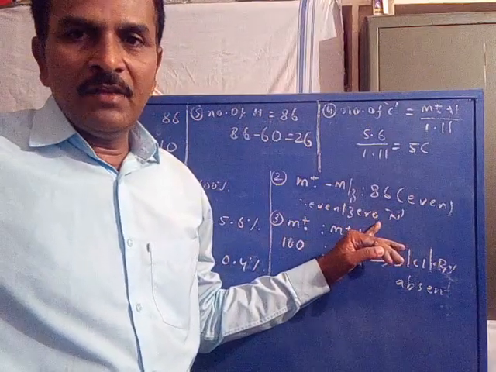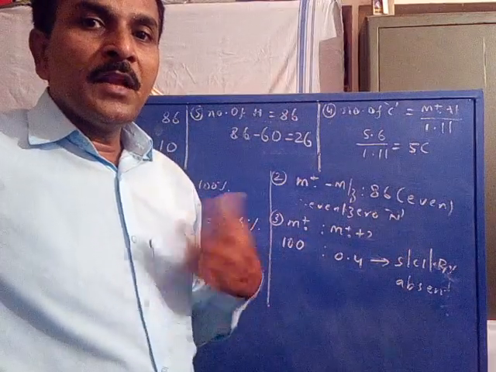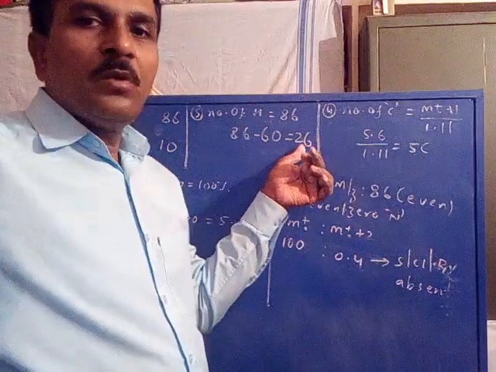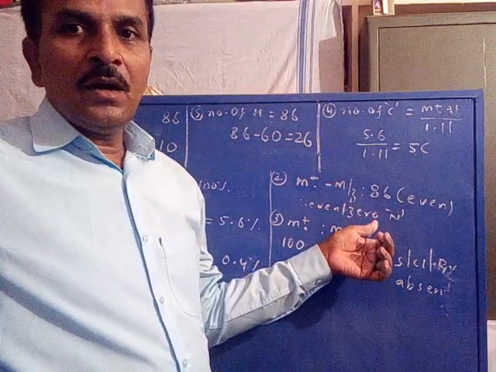If we accommodate the minimum even number, that will be 2 nitrogens. For 2 nitrogens there must be a mass of 28, but we have only a leftover mass of 26. Therefore nitrogens are absent.